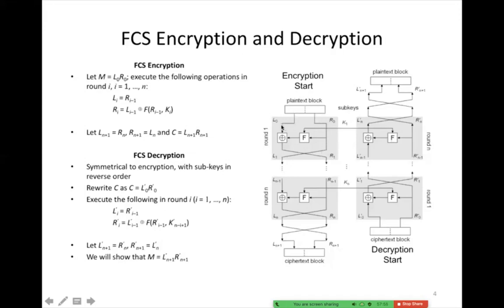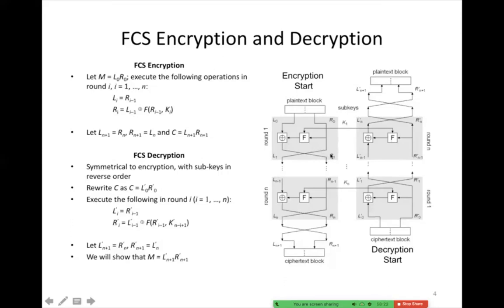And then for the left half of this input, you apply this function f on the right half using the subkey k1, that is f of R0, k1, and exclusive OR with L0, and you'll get R sub 1.